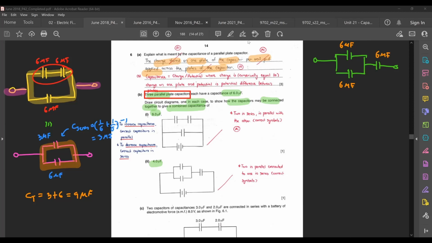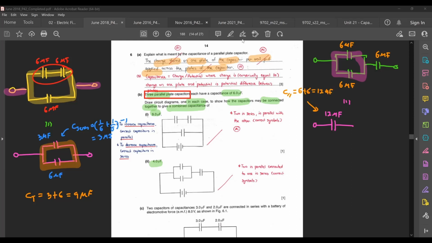We'll first try to simplify the parallel connection first. If you simplify the parallel connection first, you add it like you would resistances in series, so this one is going to be 12 microfarad. Because the capacitance in parallel was 6 plus 6, giving me 12 microfarad.